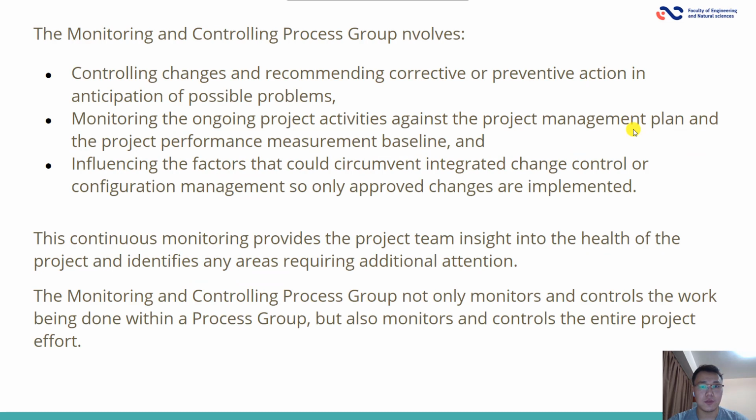The monitoring and controlling process group involves controlling changes and recommending corrective and preventive action in anticipation of possible problems, monitoring the ongoing project activities against the project management plan and the project performance measurement baseline, and influencing the factors that could circumvent integrated change control or configuration management so only approved changes are implemented.